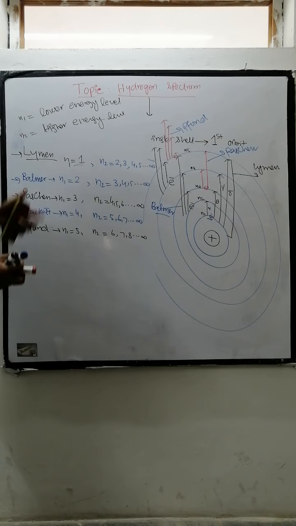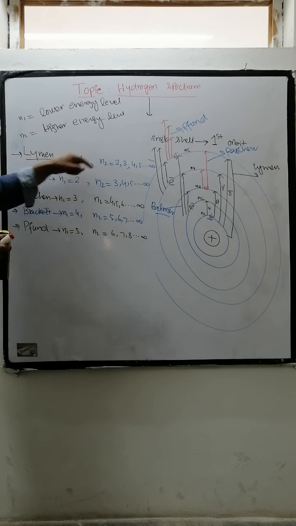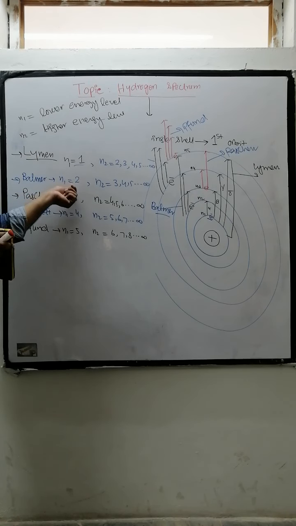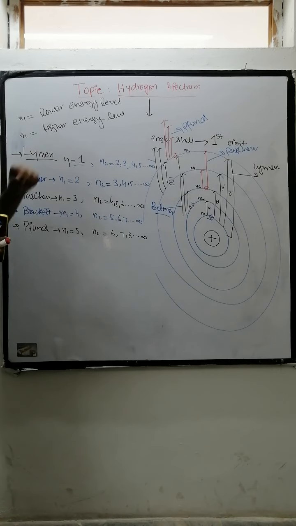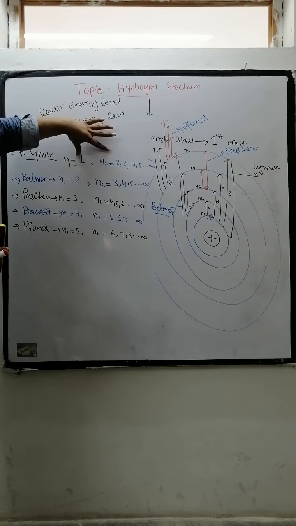Students, look at the values of n1 and n2. You can observe that with the change in series, each series gets shorter and shorter with respect to the harmonics. It means with the increasing value of n1, each series will lose one lower wavelength. For example, in the Lyman series, transition will be between n1 and any other higher level.